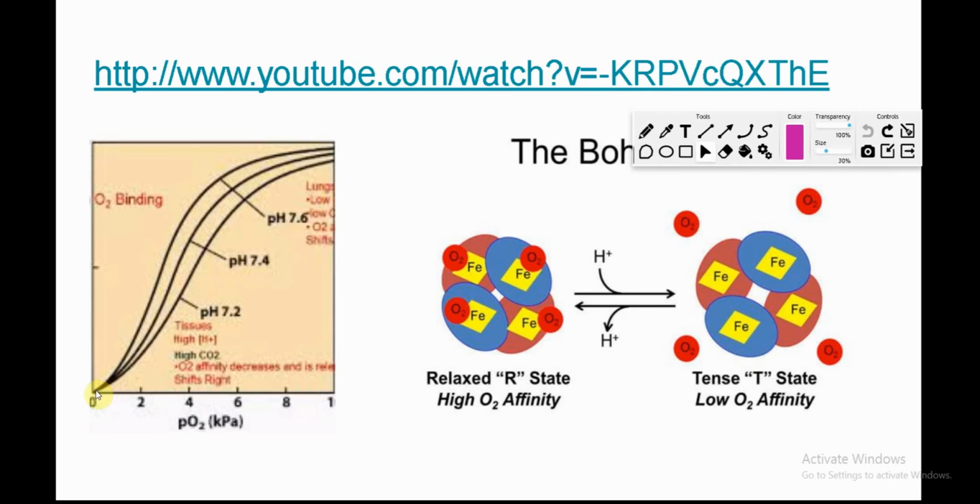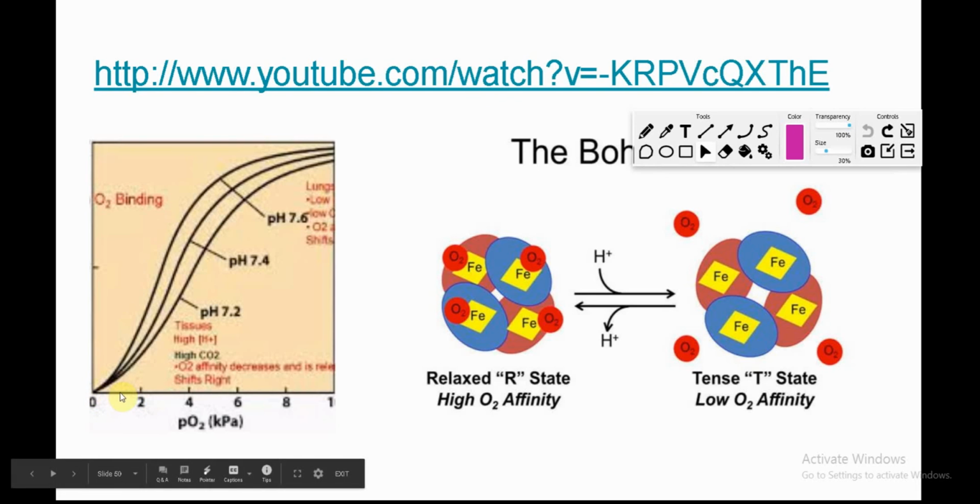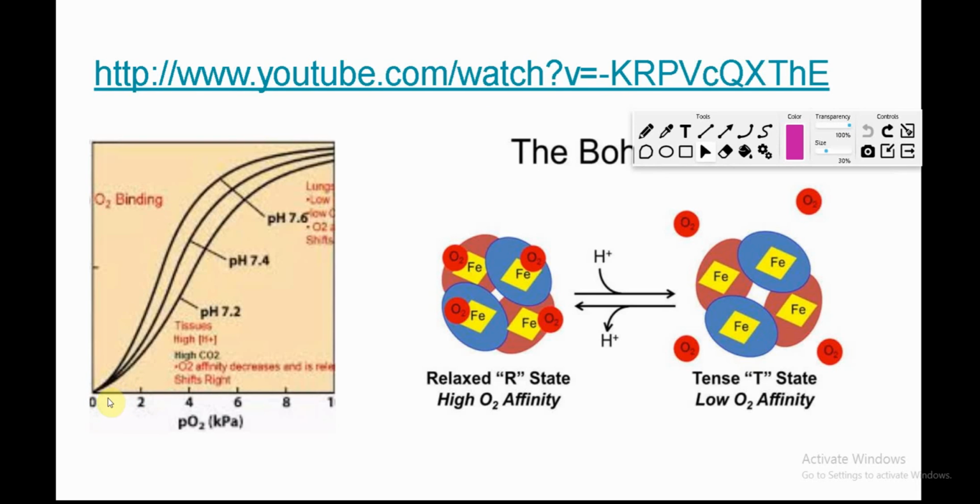Now, this is responsible for this kind of shape of the oxygen dissociation curve. At low partial pressures of oxygen, it is very difficult for the first heme group to take up the oxygen, so the percentage saturation of hemoglobin will rise very slowly. But once the first oxygen molecule is taken up, it will be very easy for the 2nd and 3rd ones to take up the oxygen.